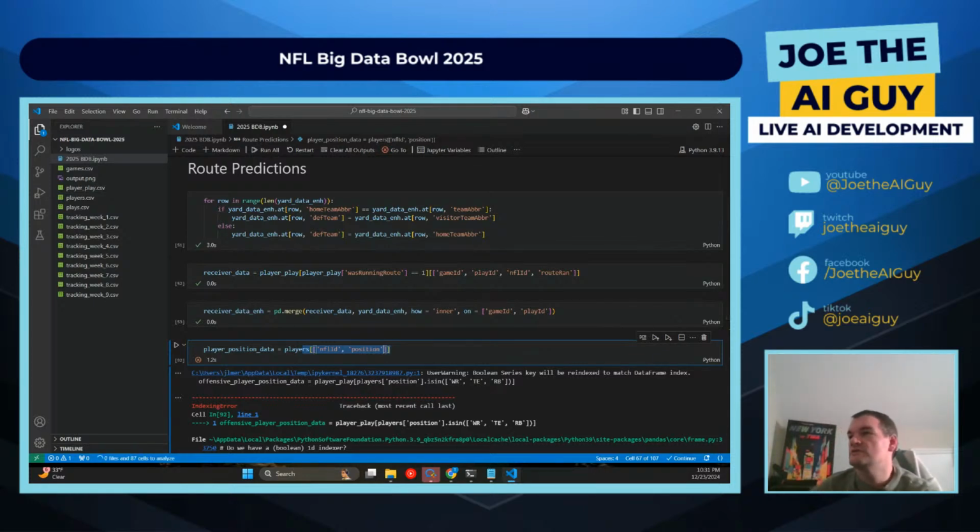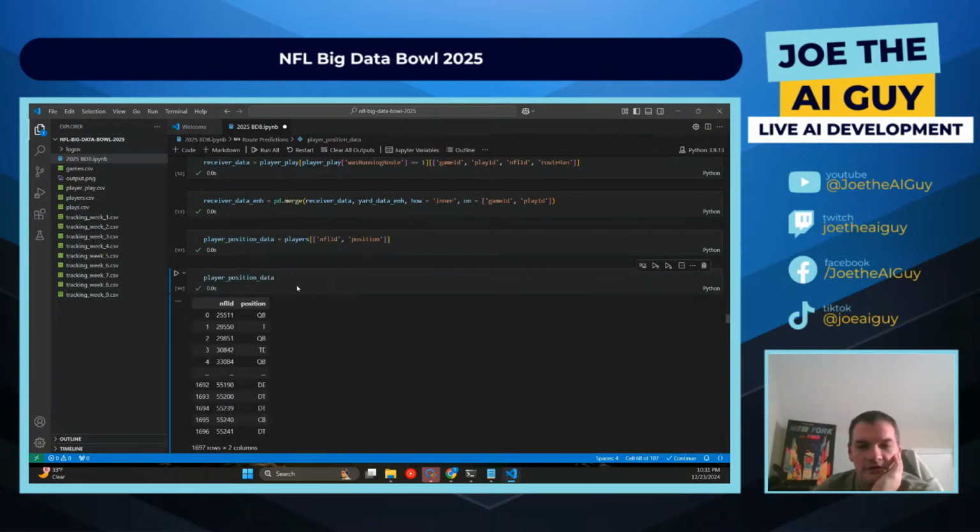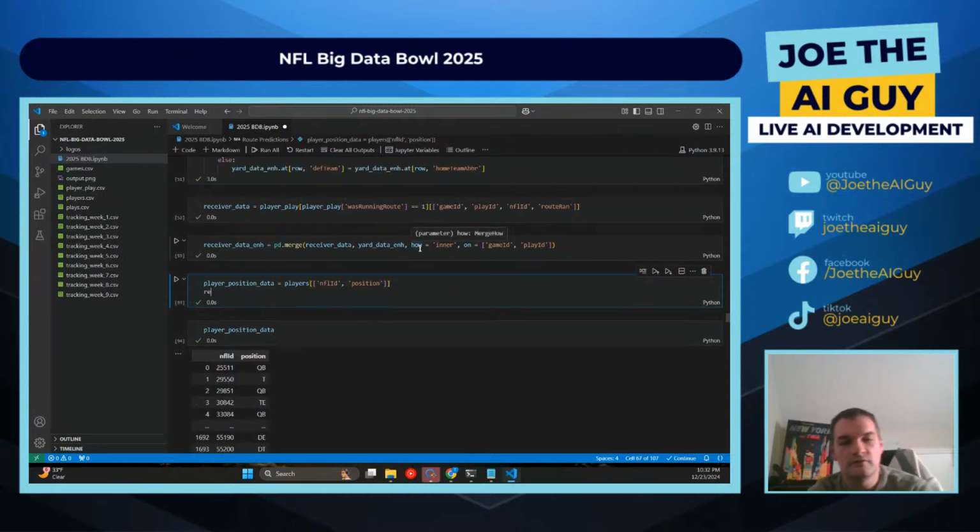Anything else in that player table? Let's take a look. No, none of it is actually useful, so we'll go there. So now these are all the players and what their position is. That's fine. 1,600 players.